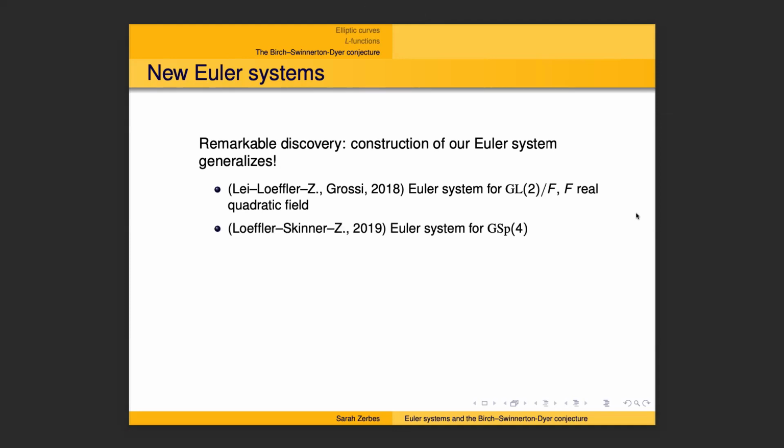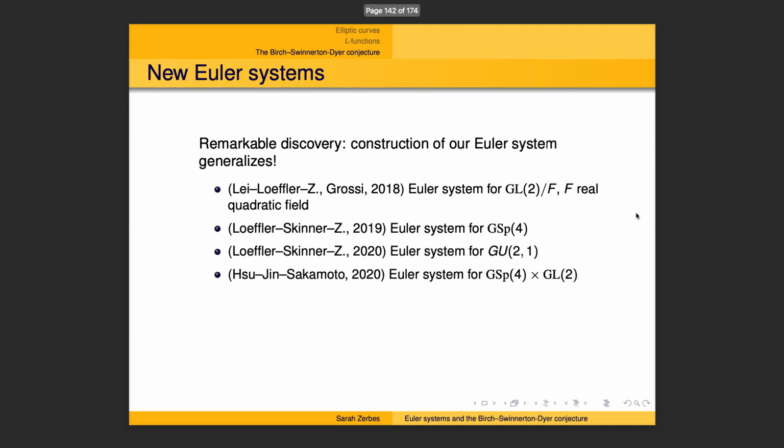With Skinner, David and I constructed an Euler system for GSp4 and an Euler system for the group GU(2,1). Then one of our Arizona project groups constructed an Euler system for GSp4 times GL2.